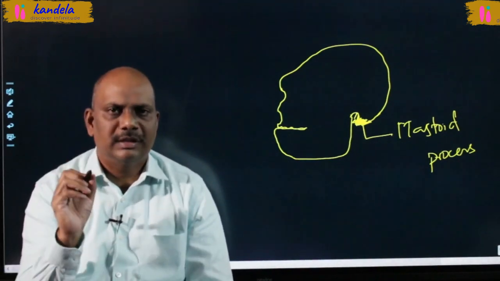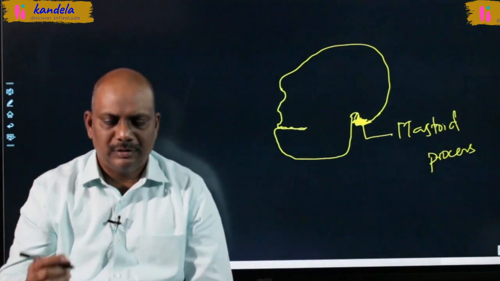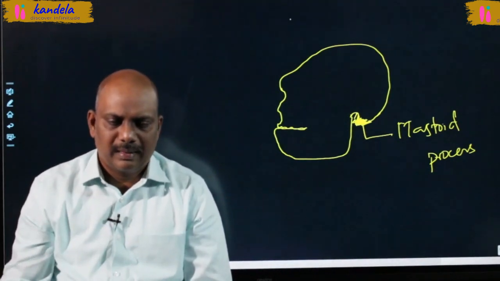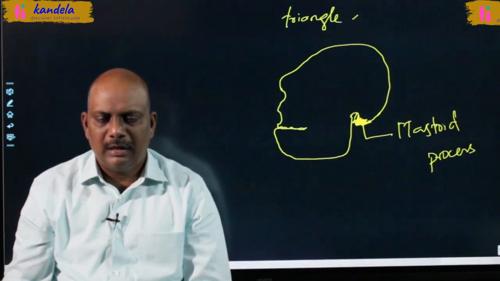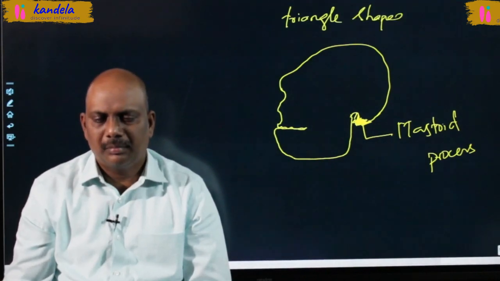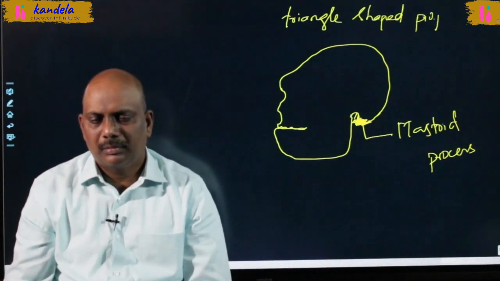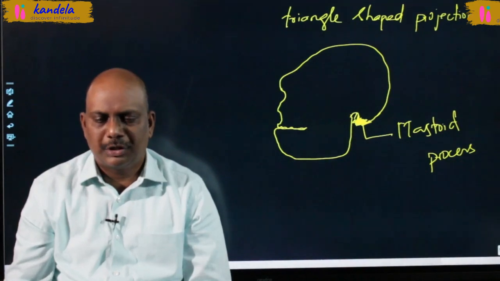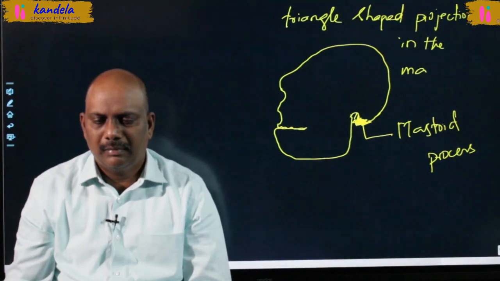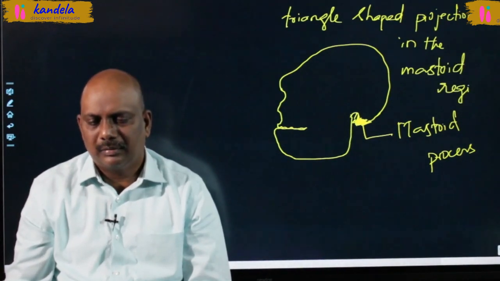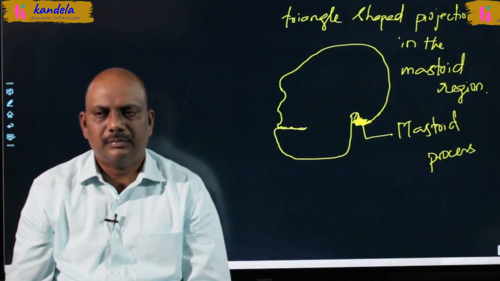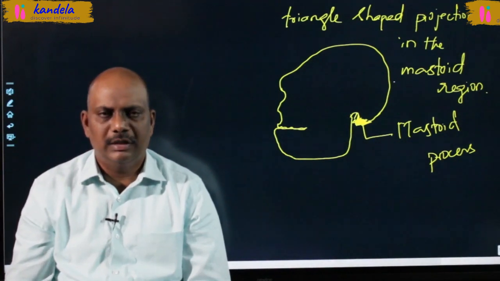Mastoid process refers to a triangle shaped projection in the mastoid region.